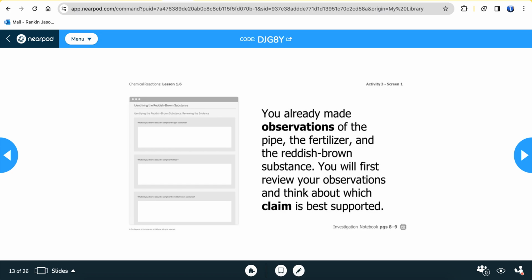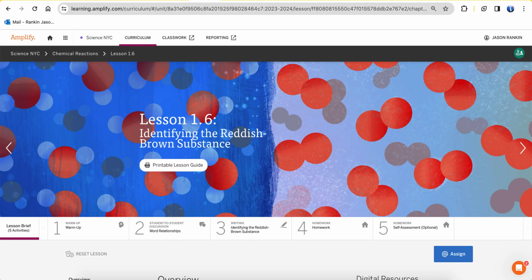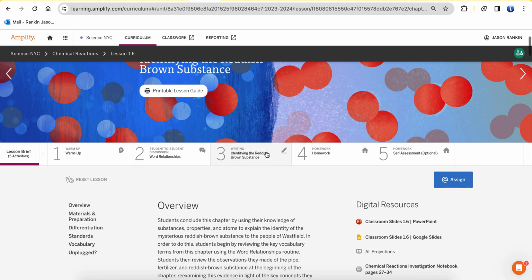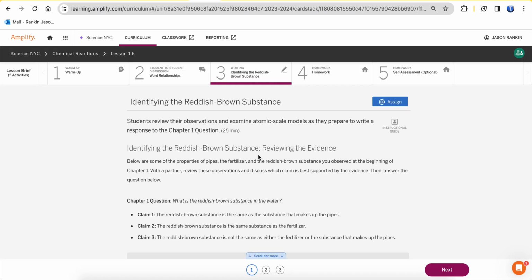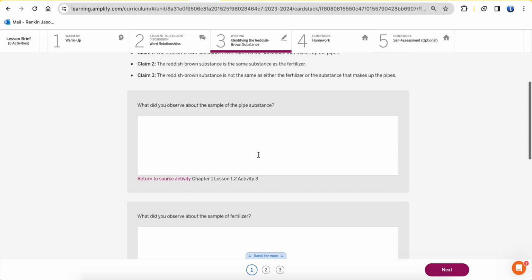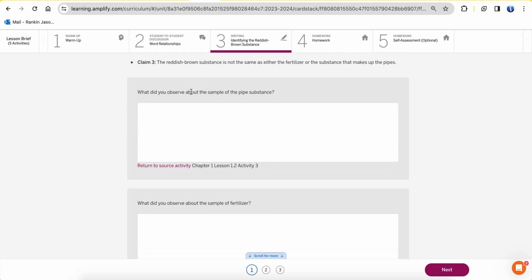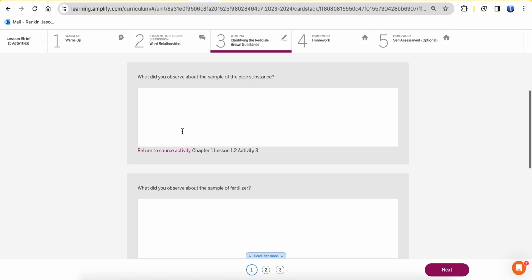Okay, you will first review your observations and think about which claim is best supported. I believe what you typed in 1.2 should be connected to your 1.6. All right, so you should be able to see it.